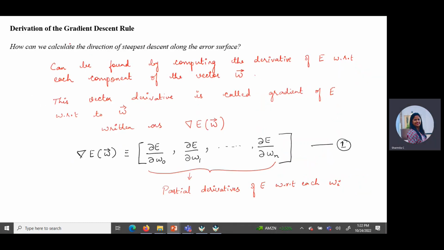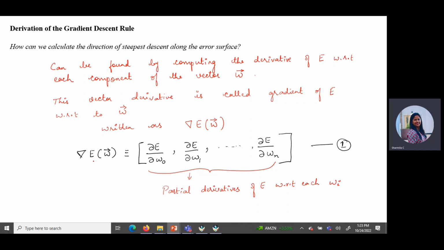Now we'll see the derivation of the gradient descent rule. How can we calculate the direction of steepest descent along the error surface? This can be found by computing the derivative of E with respect to each component of the weight vector. This vector derivative is called the gradient of E with respect to the weight vector.